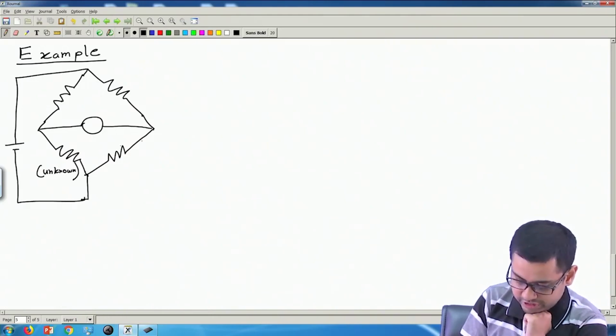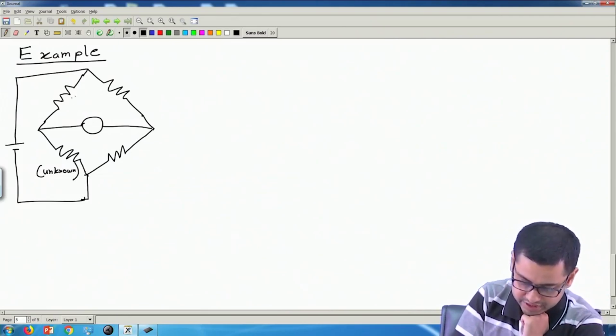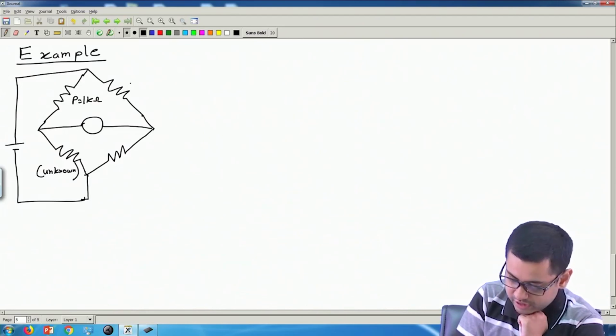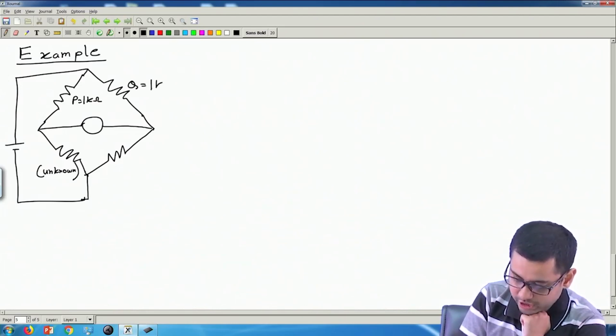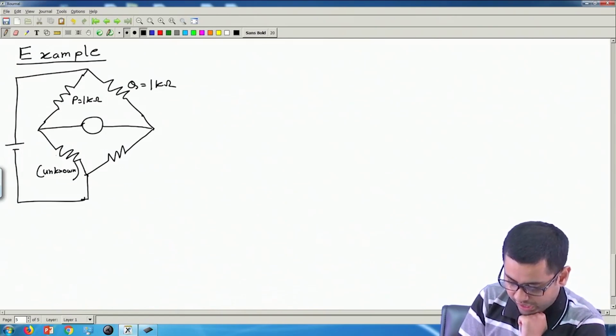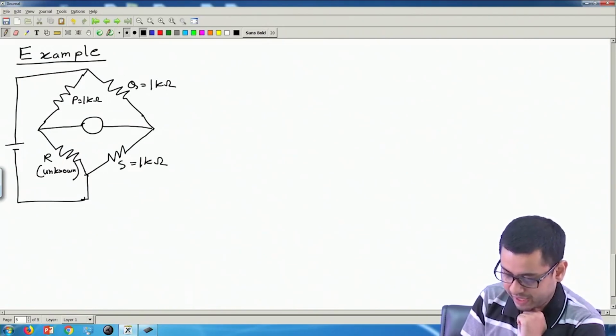For ease of calculation, let us take a simple example where P is equal to 1 kilo ohm, Q is again 1 kilo ohm, R is unknown, and S is once again 1 kilo ohm, where we get the balance.